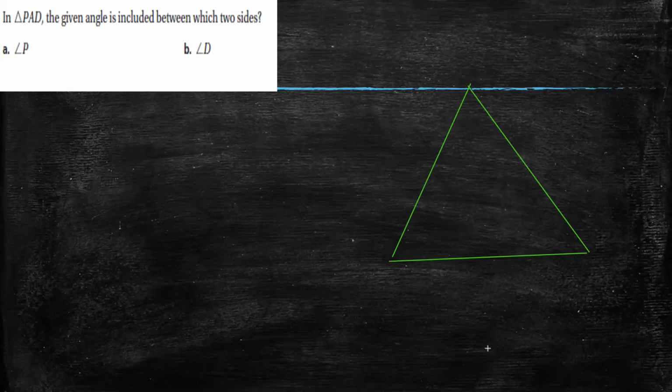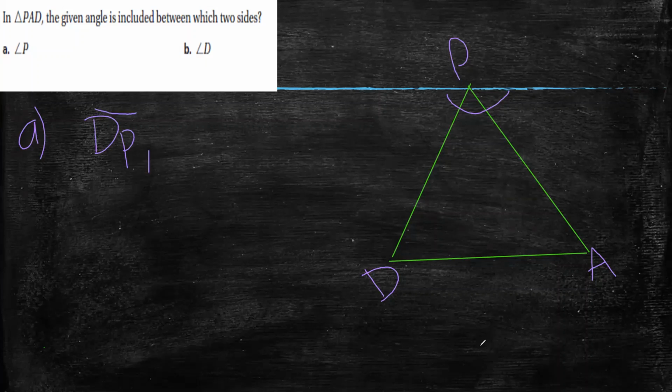In triangle PAD, here we have a triangle. Its name is PAD. The given angle is included between which 2 sides? He is asking me about angle P. Angle P is included between which 2 sides? It's included between DP and AP.